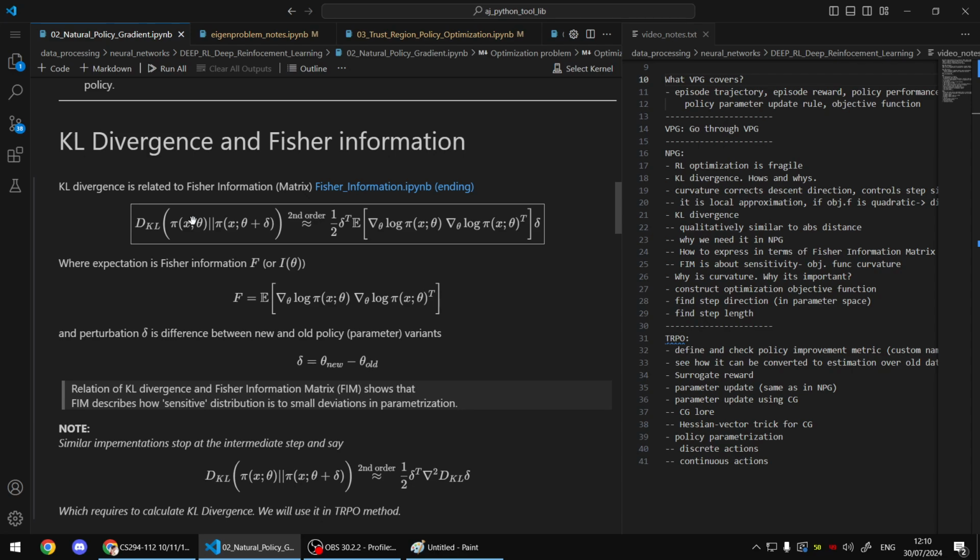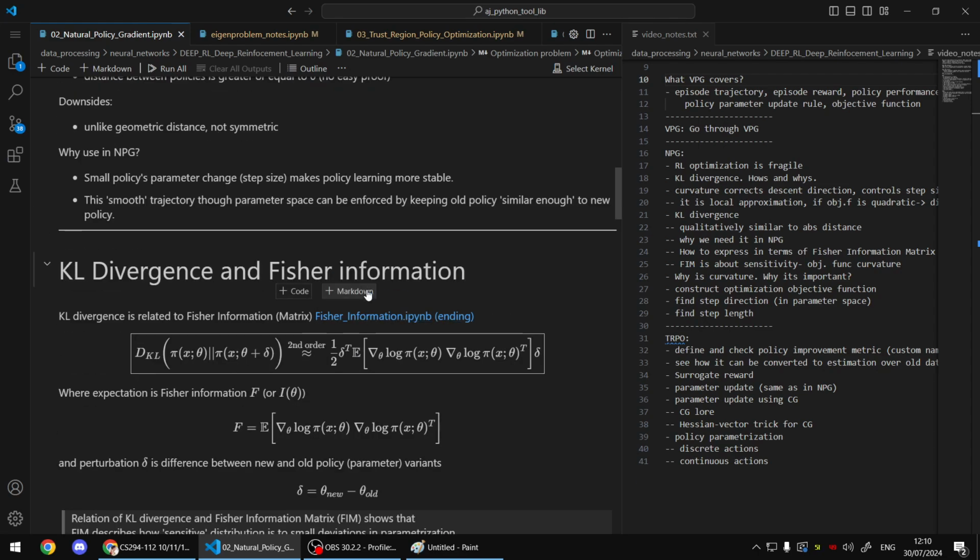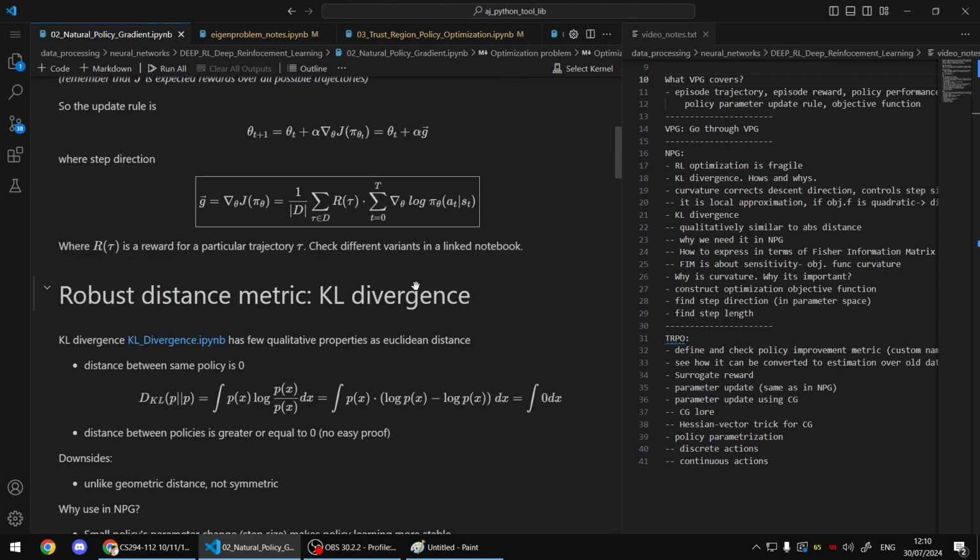It turned out that the constituent elements of this Fisher information matrix are just an expectation over gradients of log probabilities of our policy, for each action which we took in our experiment or trajectory that we sampled.